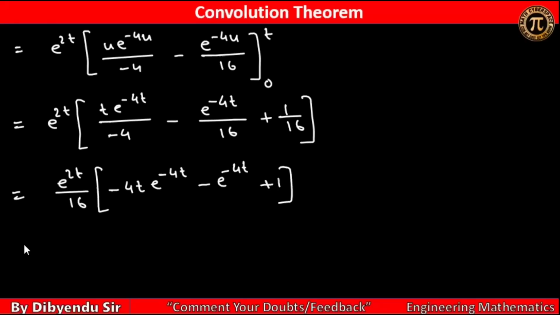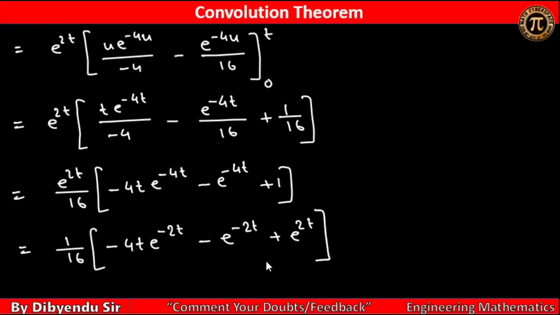Clear? So if I multiply e to the power 2t, you are getting 1 by 16 into minus 4t e to the power minus 2t, minus e to the power minus 2t plus e to the power 2t. And this is the answer.